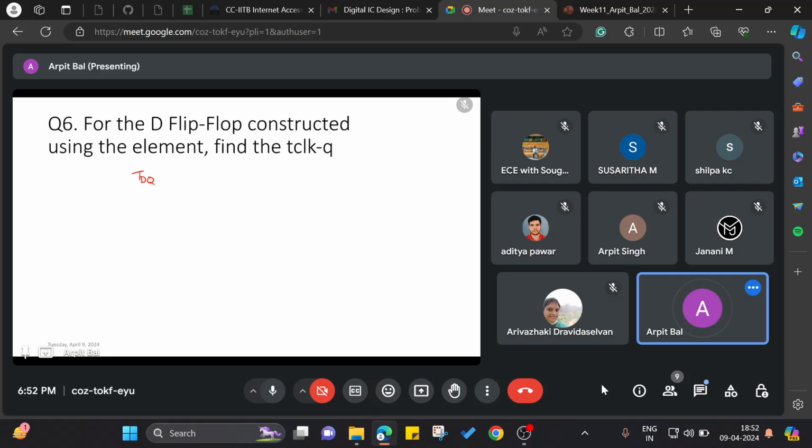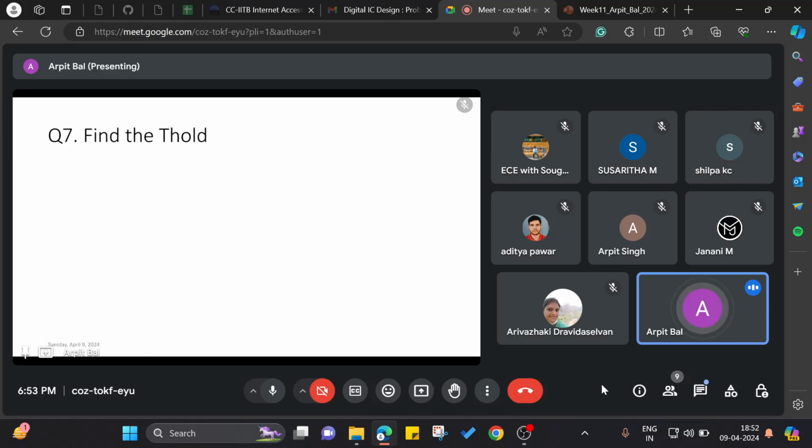So T clock to Q equals T_DQ of that latch, which is equal to 4 nanoseconds. Fine, that we derived just before.